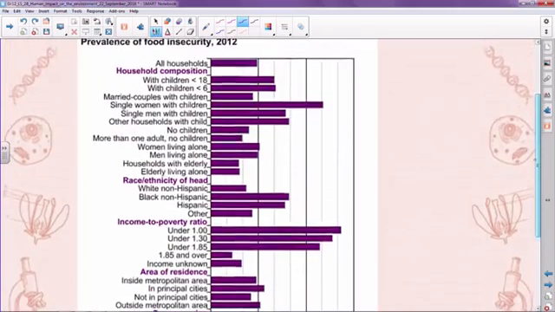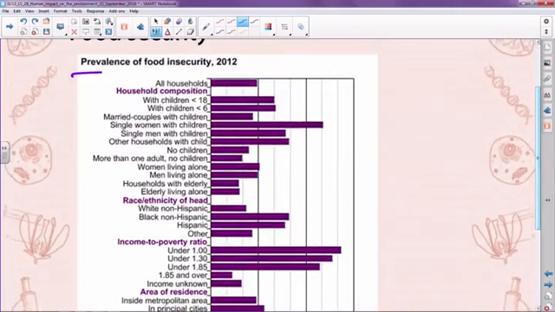Okay, now I got one of these things. Okay, food security. Now this is not so amazing, but have a look at this. This just tells you percentage of household. So the source, it's a percentage of household, and on the side it tells you food insecurities. Okay, so in other words, you don't have much food.